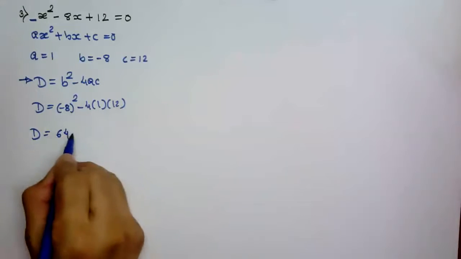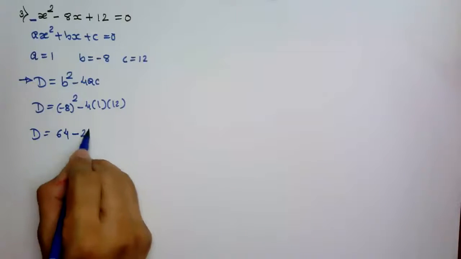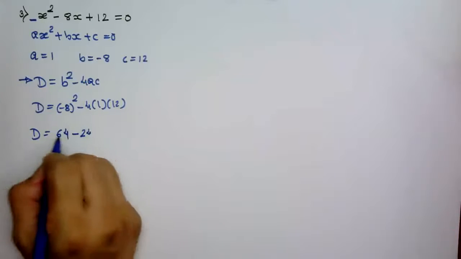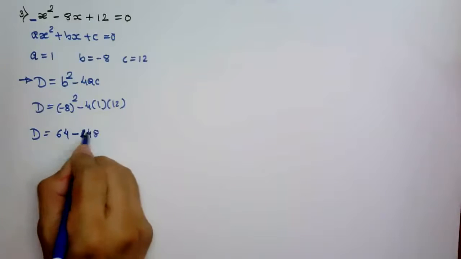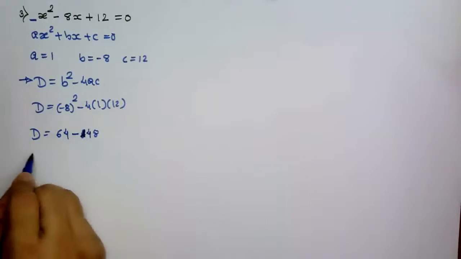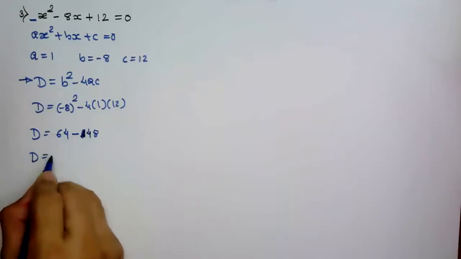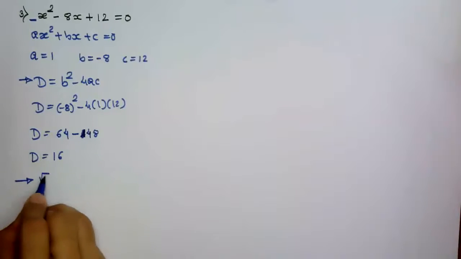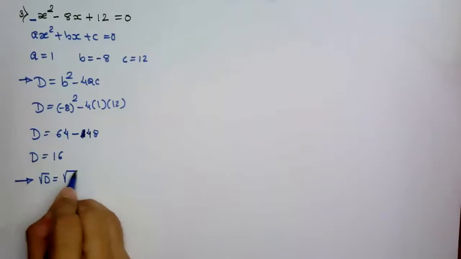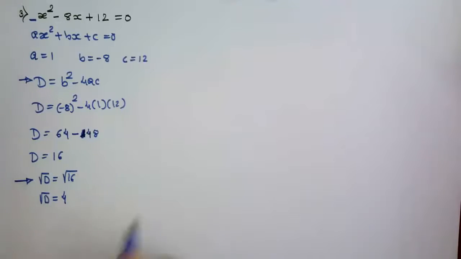Minus, 12 4s are 48. Extremely sorry for that. So by subtraction, 64 minus 48, you are going to get 16. I want to find the square root of D, that is square root of 16. Square root of 16 is 4.